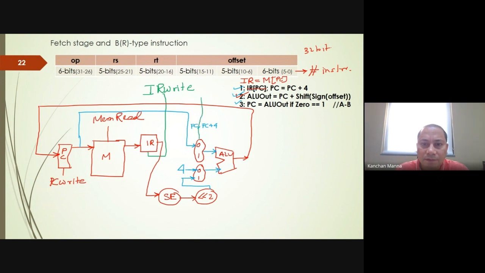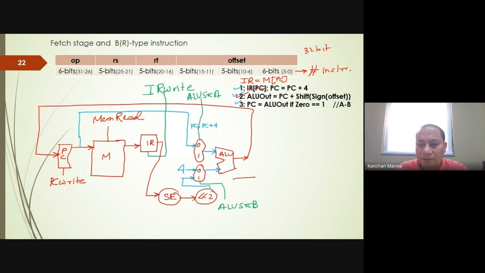Let's say this is ALUSrcA, and this is ALUSrcB. Now also, we have to provide the ALU control.